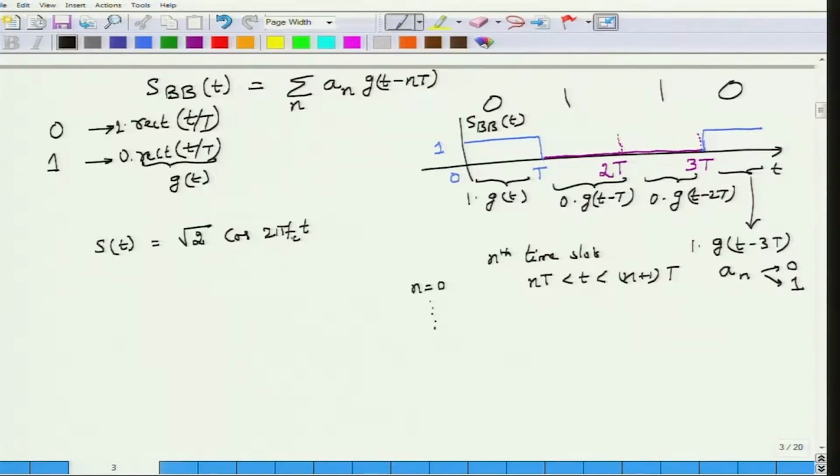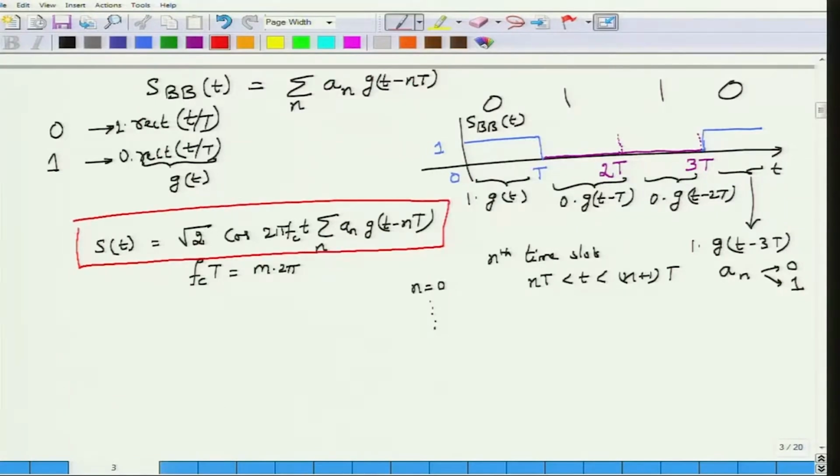This is the basic carrier, and to this basic carrier you multiply this pulse sequence, and there is a relationship that you have to satisfy with respect to f_c and T. You want f_c and T to be some multiple of 2 pi. So this would be my passband signal s(t).